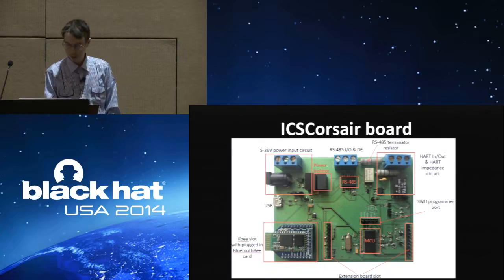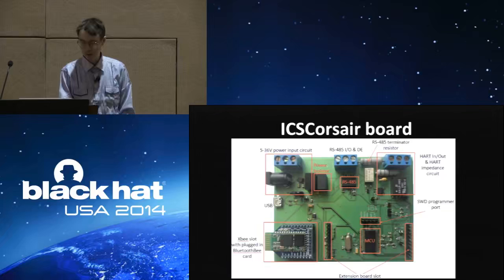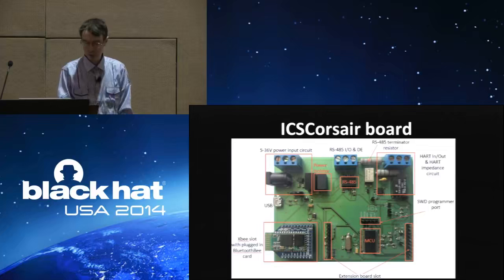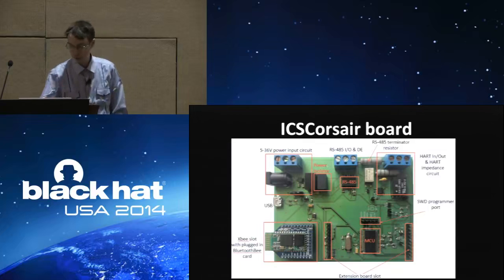Also here we have an isolated and protected from high voltage bursts RS485 circuit and HART modulator. The RS485 terminator resistor could be dynamically switched on and off depending on the line characteristics.